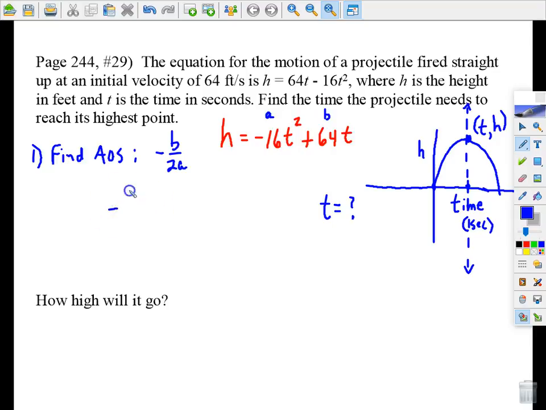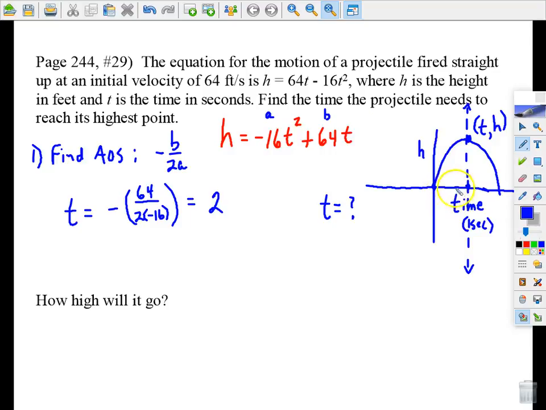So we're going to do the opposite of b, which is 64, over 2 times a, which is negative 16. This is going to represent time in seconds. So 64 divided by negative 32 is negative 2, but we're going to do the opposite of negative 2, which is positive 2.